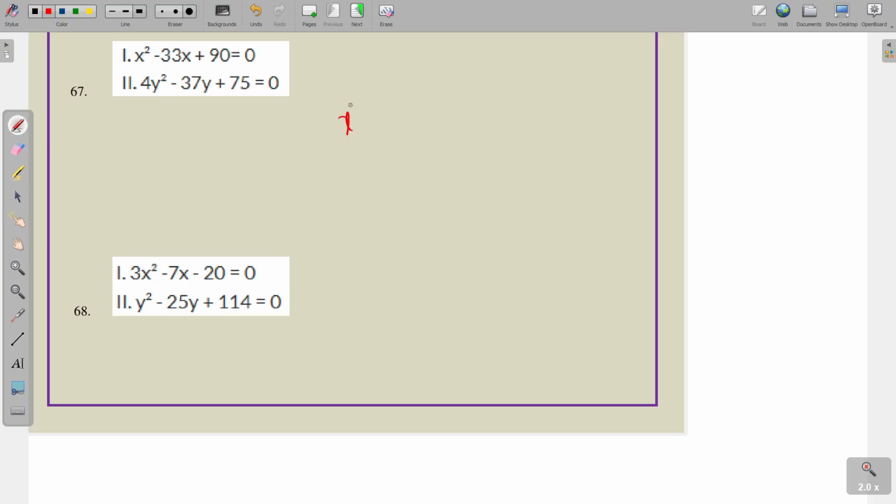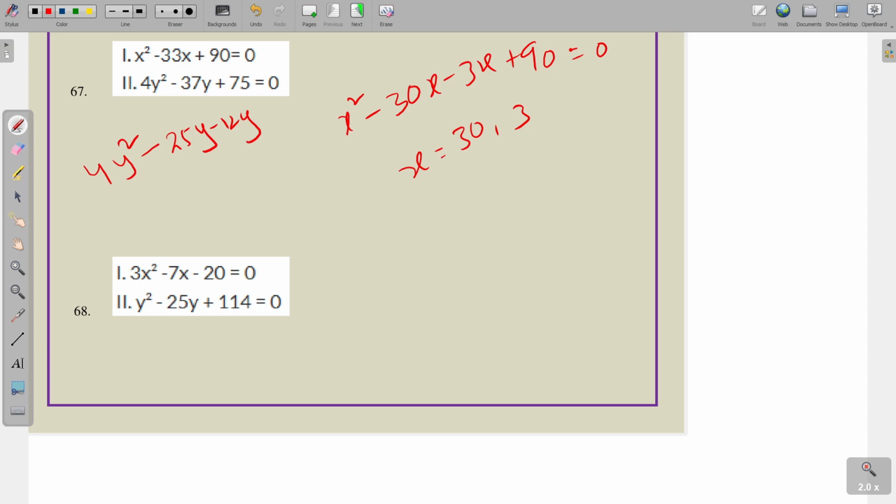x² minus 30x minus 3x plus 90 equal to 0, when x is equal to 30 comma 3, and 4y², that is 75 into 4 is 300, means minus 25y minus 12y plus 75 equal to 0.